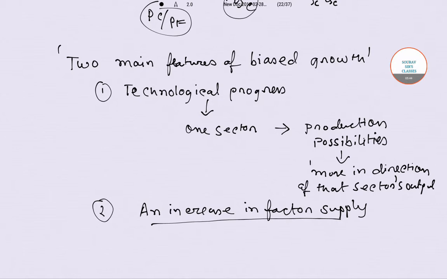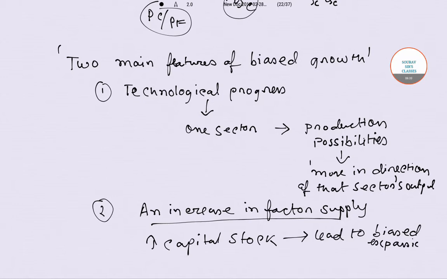In the factor proportions or Heckscher-Ohlin model, an increase in a country's supply of a factor of production, say an increase in capital stock resulting from saving and investment, will lead to a biased expansion of production possibilities.